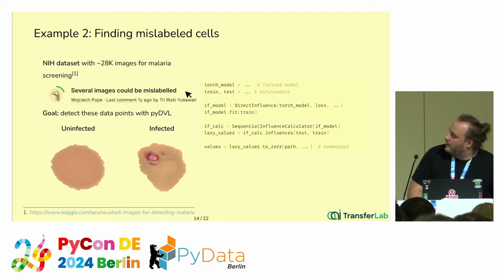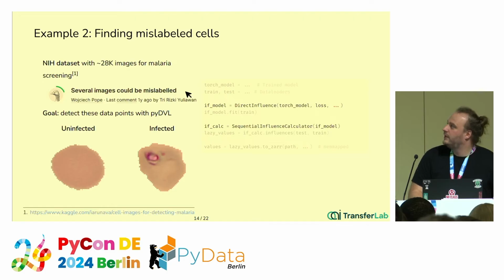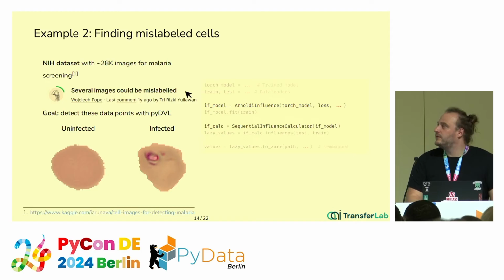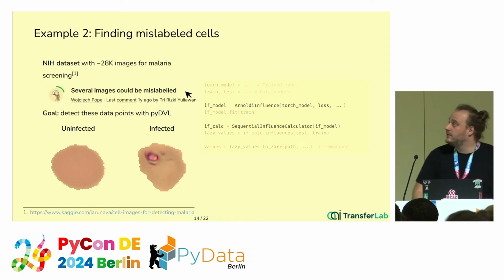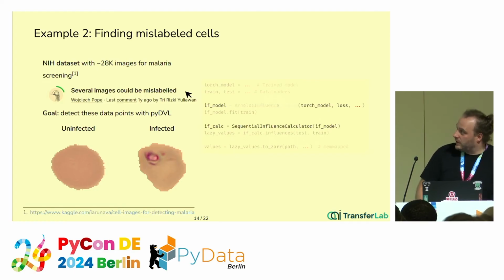So as I said, you don't want to actually compute this Hessian matrix or its inverse. You can do different approximations. So this is a low-rank approximation, which is a singular value-based projection. You can use randomized projections.